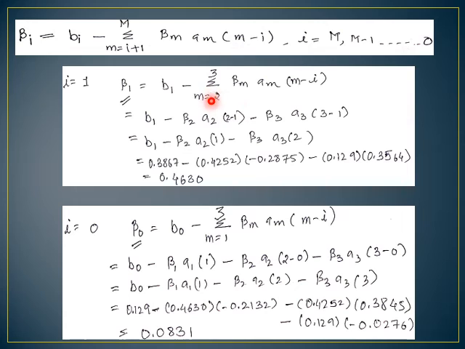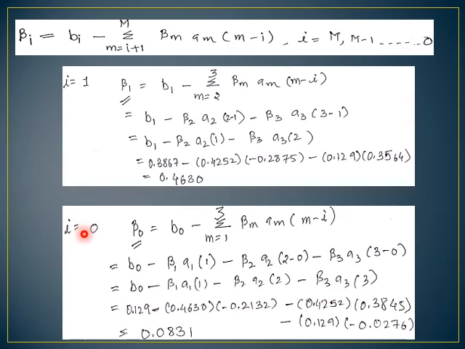Why? Because M is starting from 2. You should look at this value and substitute over here, not the initial value, that is M equal to 3. So it is 2 minus 1, and we get A2 of 1. Next, beta 3 into A3 of 3 minus 1, so we get A3 of 2. Substitute these values and we get this answer.